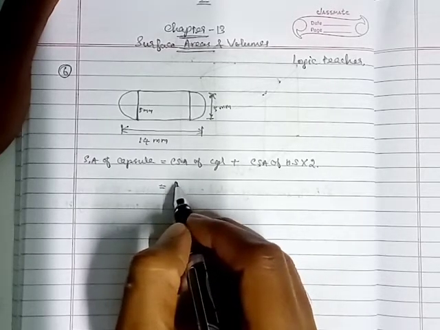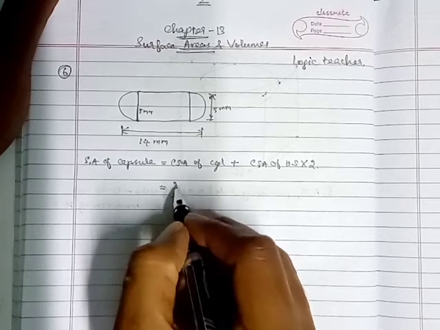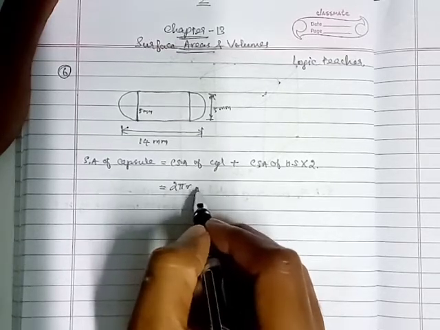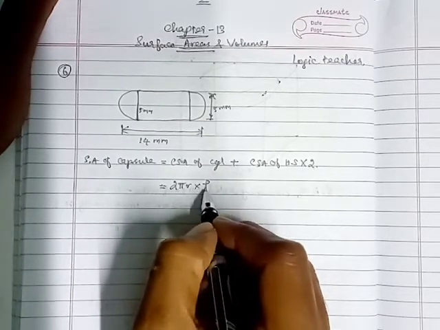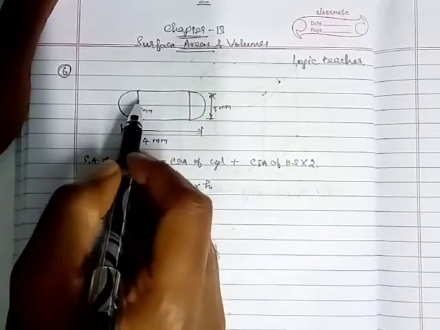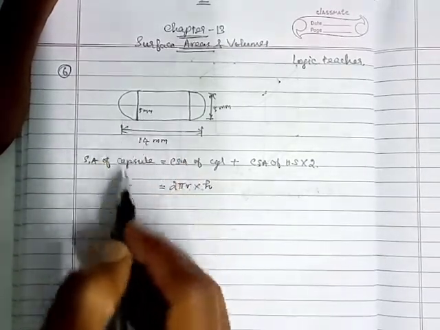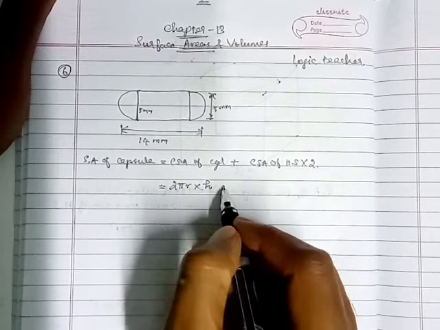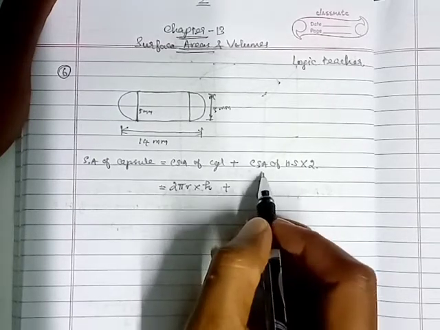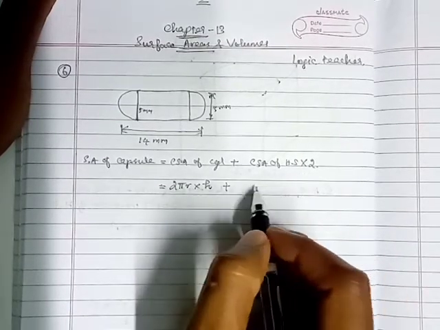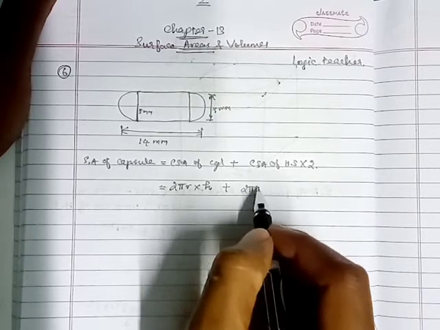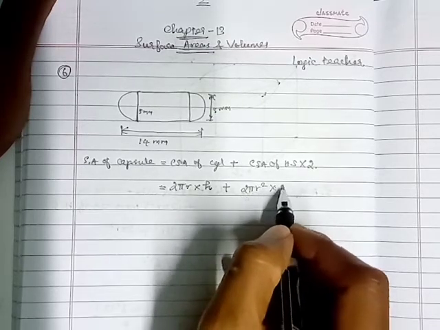The formula is all about the circumference: 2 pi r into h, times of 2 pi r in cylinder. Already I explained. 2 pi r h plus the formula for CSA of hemisphere, which is 2 pi r squared. We have two hemispheres here.